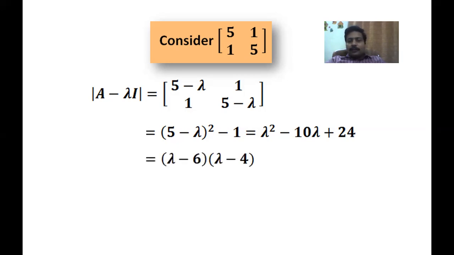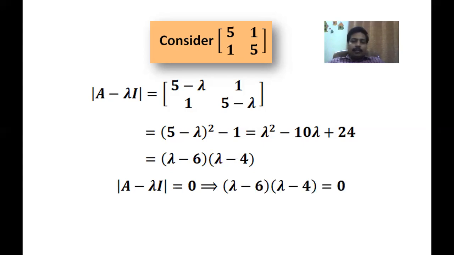And this can be factorized as lambda minus 6 and lambda minus 4. If we equate this to 0, which is the characteristic equation of the given matrix A, that is A minus lambda I is equal to 0, implies lambda minus 6 times lambda minus 4 is equal to 0, that is lambda is equal to 6 or lambda is equal to 4.